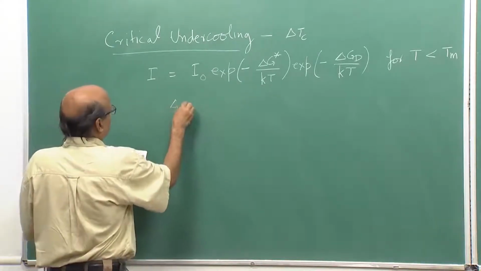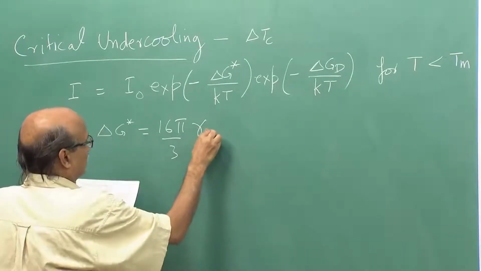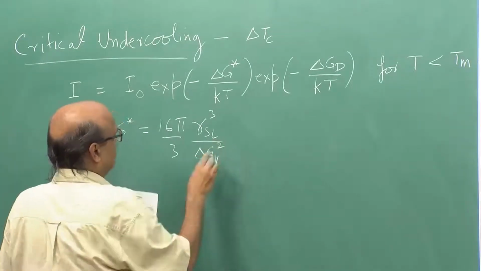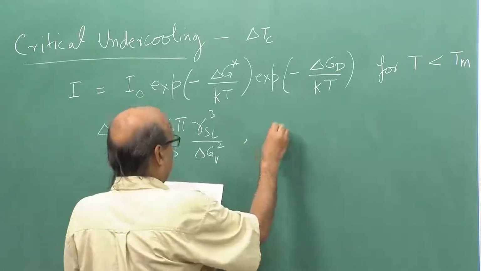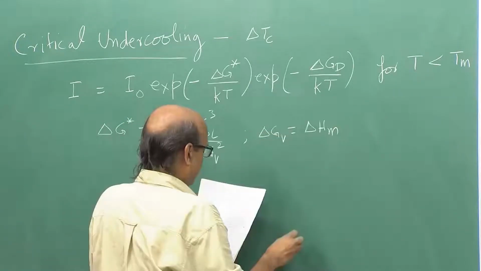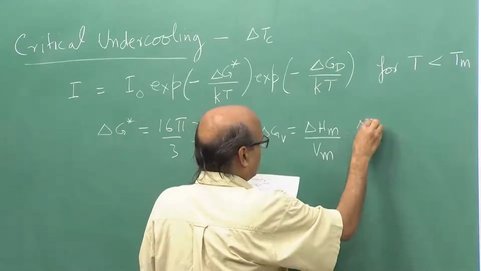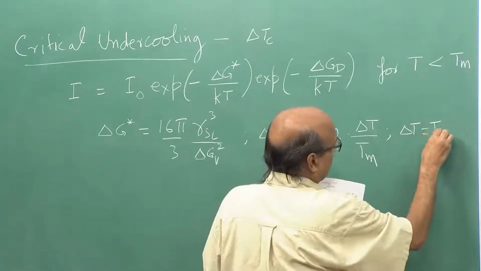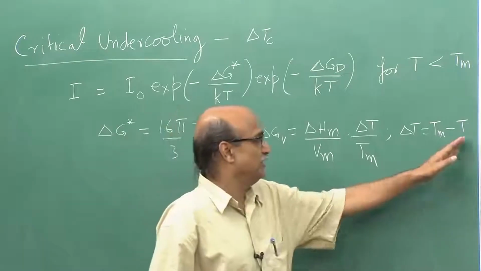Just to recall, delta G star is 16 pi by 3 times the cube of the solid liquid interface energy upon delta GV square, where delta GV is the bulk free energy, the volume free energy change, given in terms of the molar enthalpy delta Hm upon the molar volume Vm times delta T upon Tm, and of course delta T is the undercooling, which is Tm minus T. So, we are looking at a system which is at temperature T below Tm.